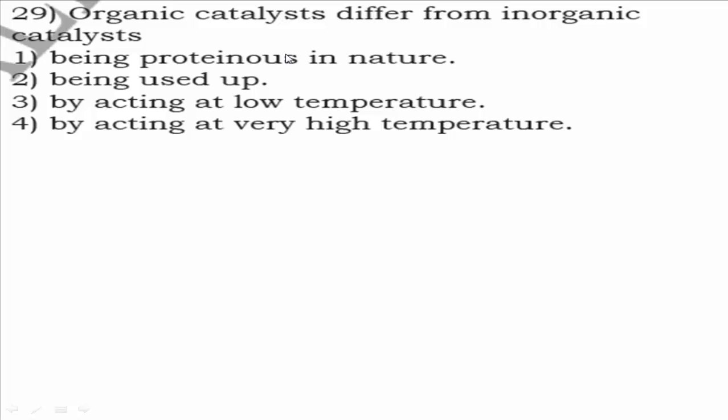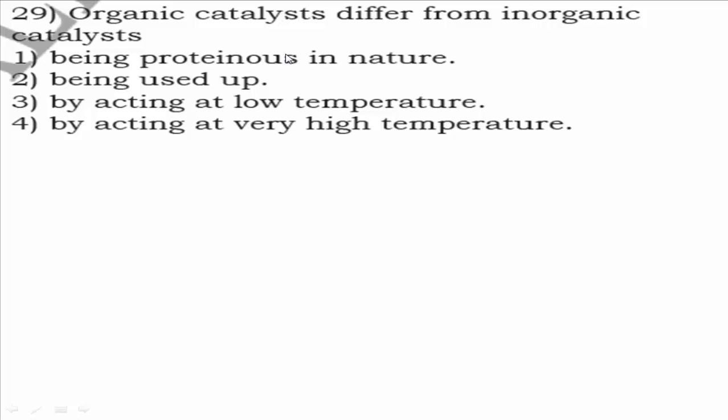Yes, organic catalysts are proteinous in nature and obtained from living cells. Remember this point. Usually organic catalysts are proteinous in nature and obtained from living cells. And inorganic catalysts are the ones which do not include carbon, hydrogen and oxygen, whereas organic catalysts do.